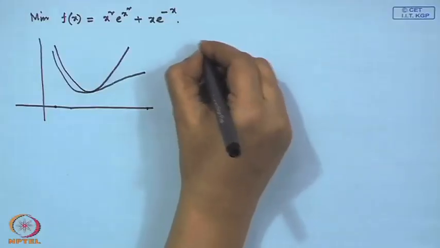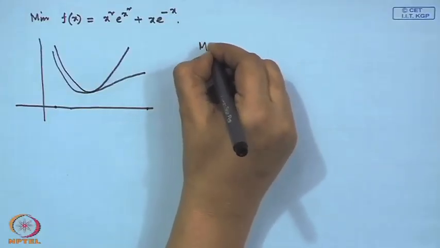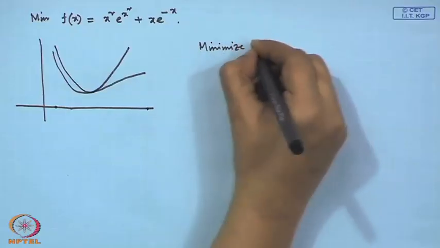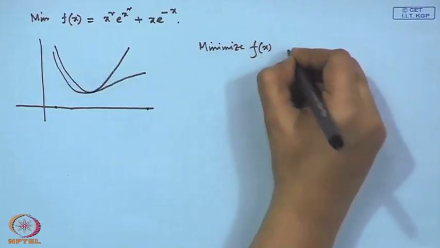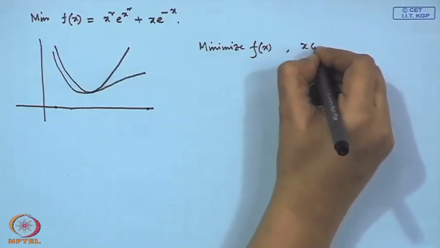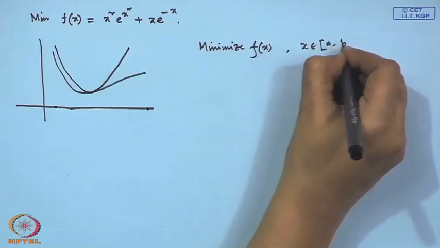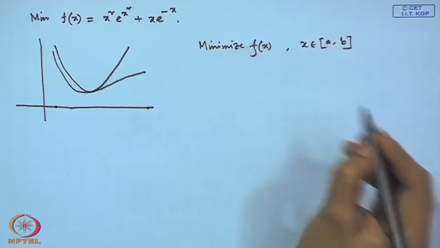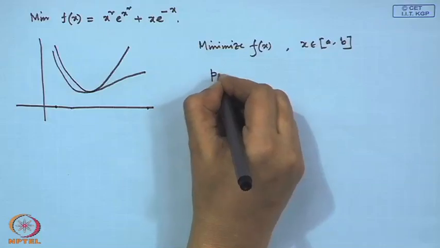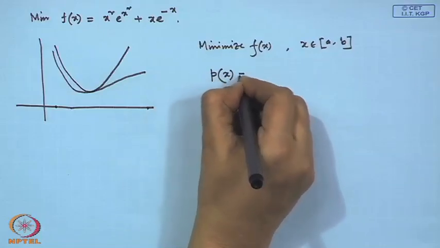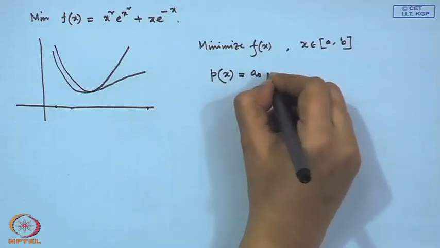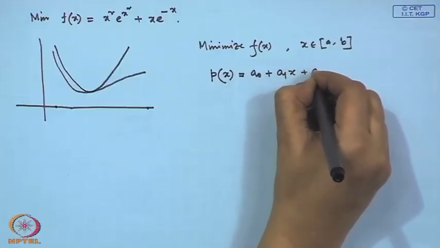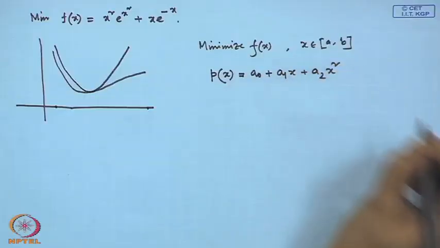In general, let us consider we have a function, minimize f x, and the range for x is given as from a to b. As I said, I will approximate this function with a quadratic polynomial, say p x, a second degree polynomial a 0 plus a 1 x plus a 2 x square.